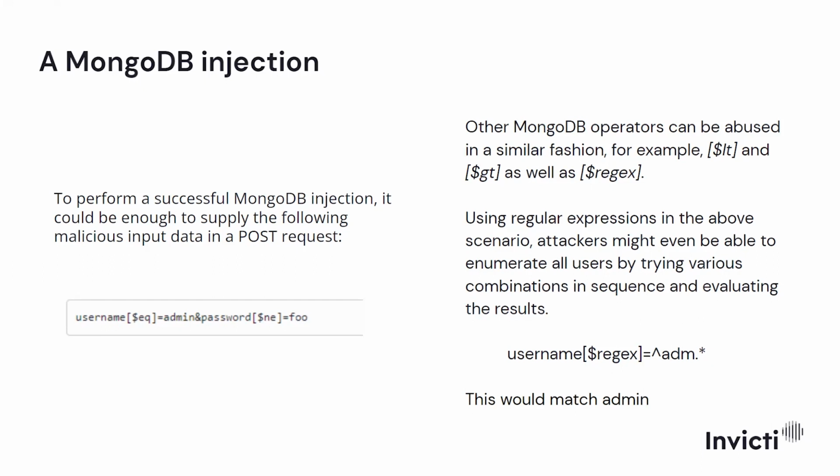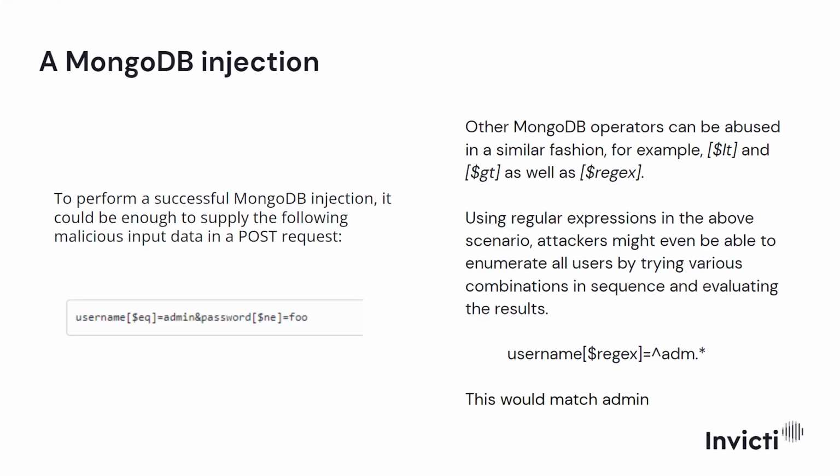But that's not the only operator. There are a few others that we can abuse in a similar fashion. Some of them give us some extra abilities, like the regex one you see on the right. With that, we can slowly enumerate all users of the application.